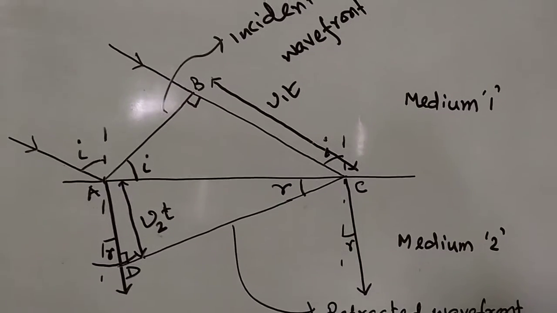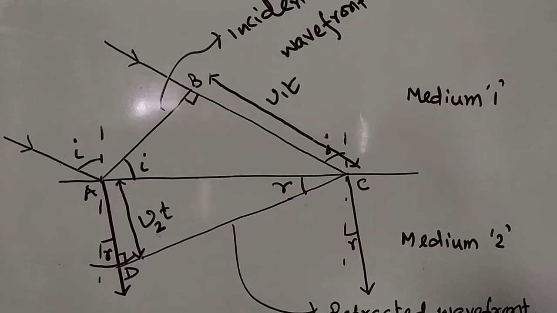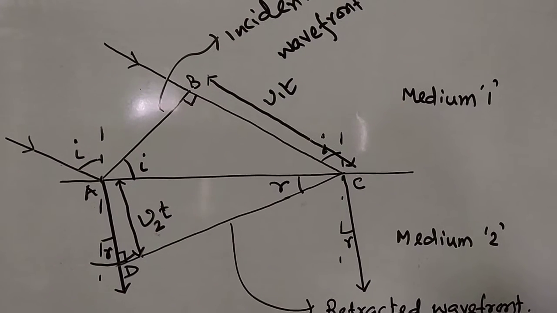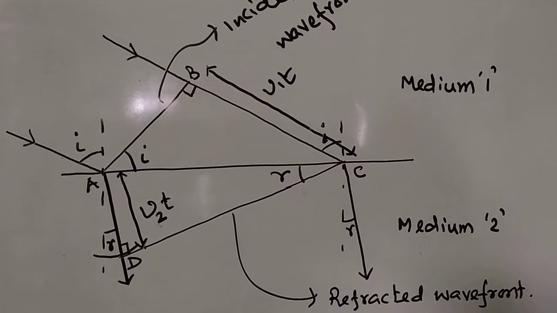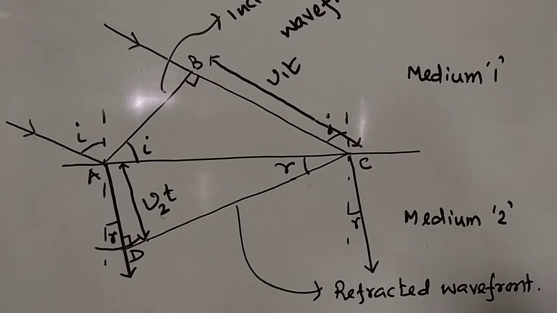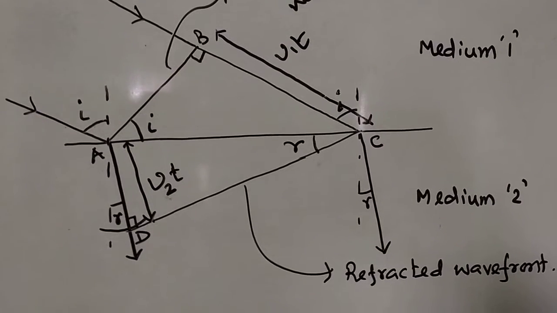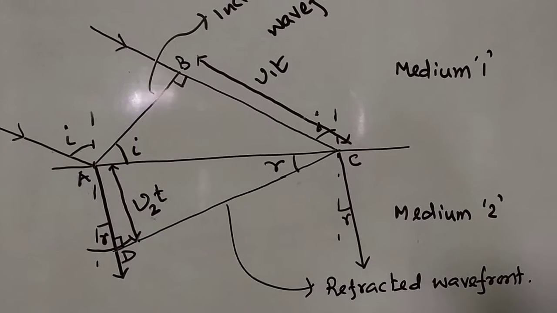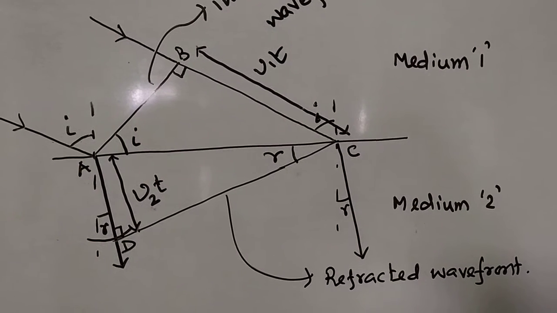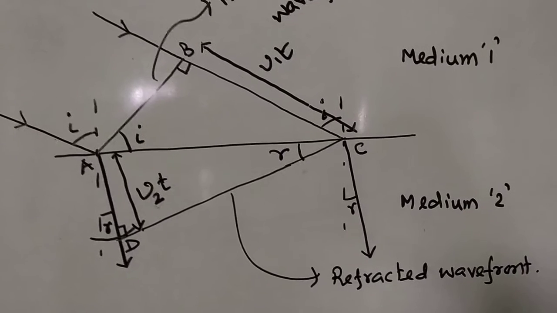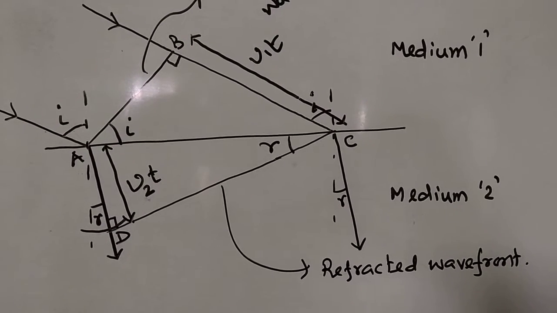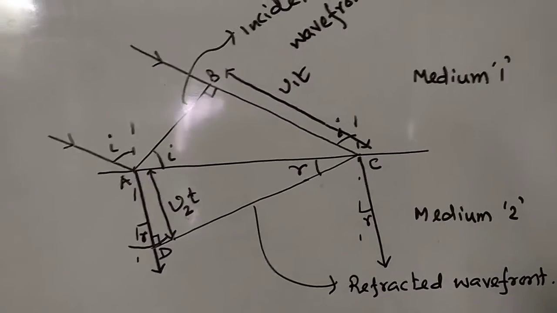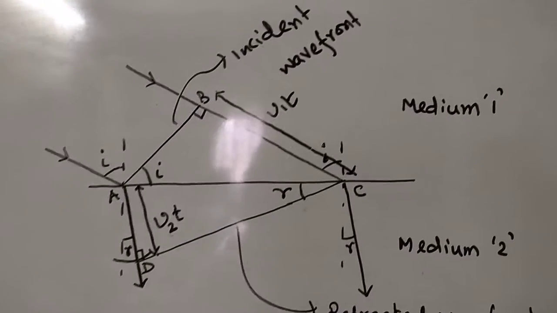What we have to do is calculate the time the ray takes to move from B to C. If we get the time, then for the refracted wavefront we will construct an arc, because the speed we already know and the time we have calculated. Corresponding to the length v2t, we have constructed an arc, and the tangent to the arc is DC, and DC is the refracted wavefront.